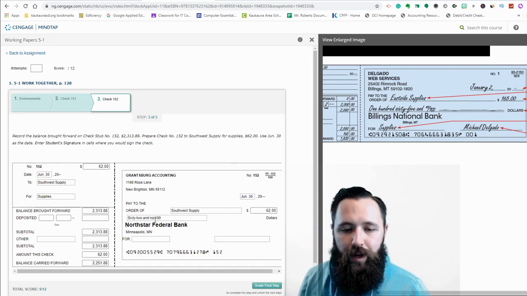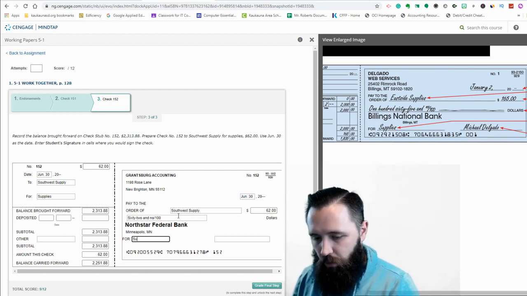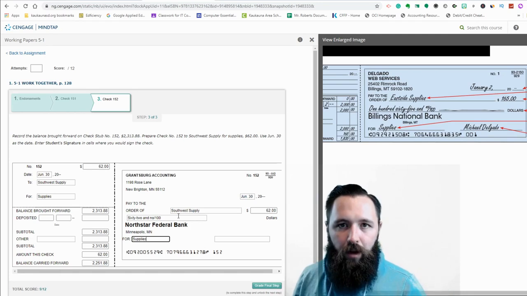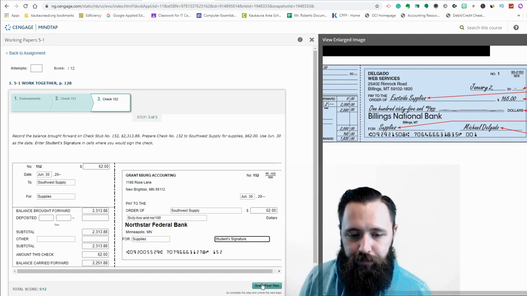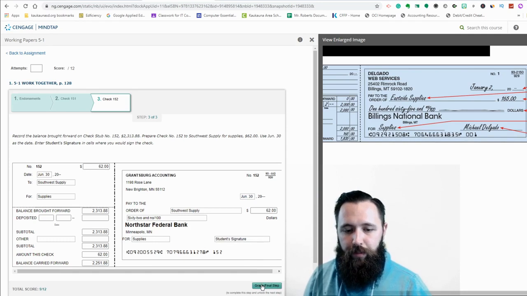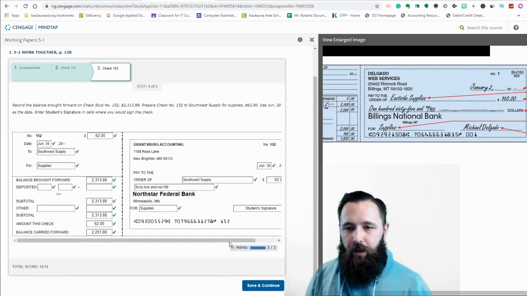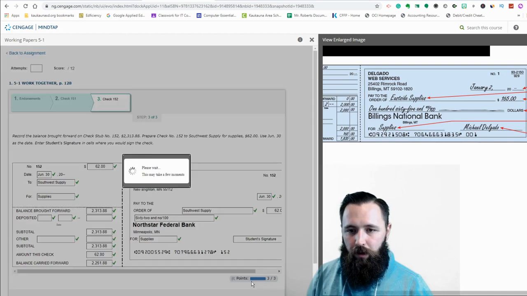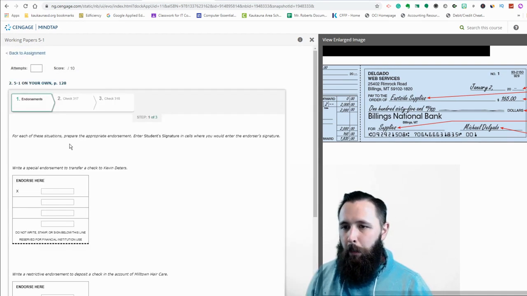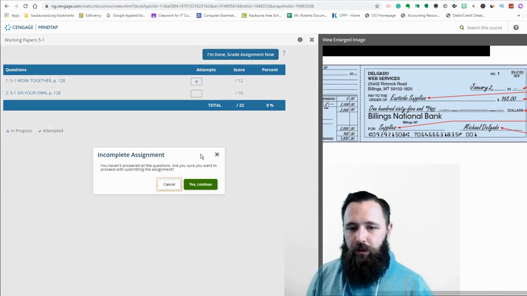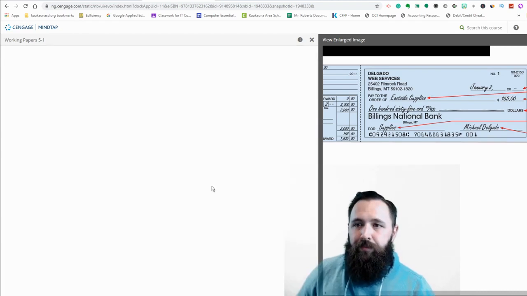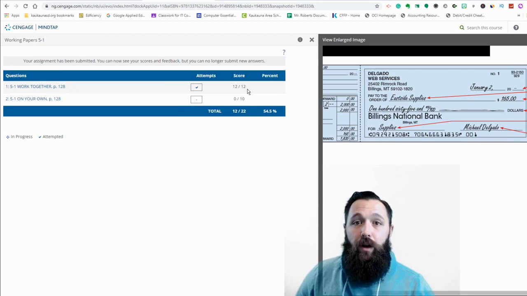So 62 and no, as in no change out of 100. What's this for again? This is our memo line. It's for supplies, and then we're going to put in student signature. So let's grade this final step. And there we go. Save and continue. And we'll go back. Just hit I'm done and grade. And there we go. A 12 out of 12.